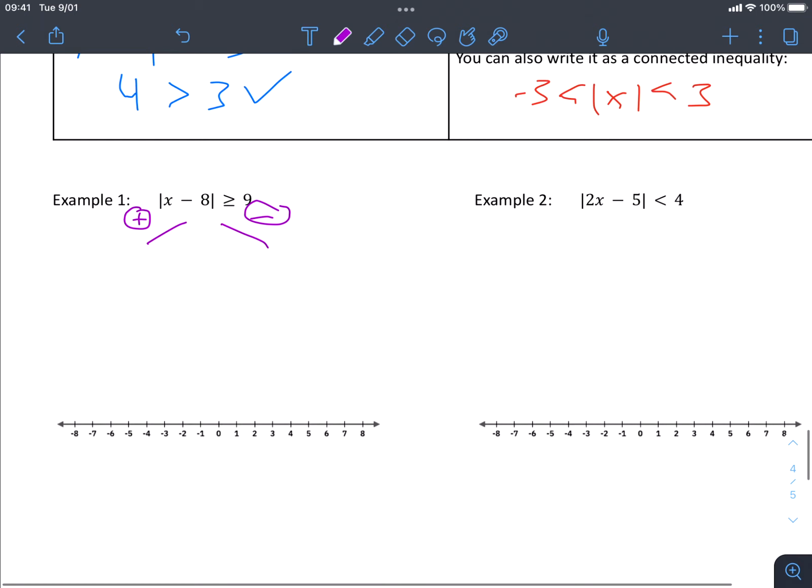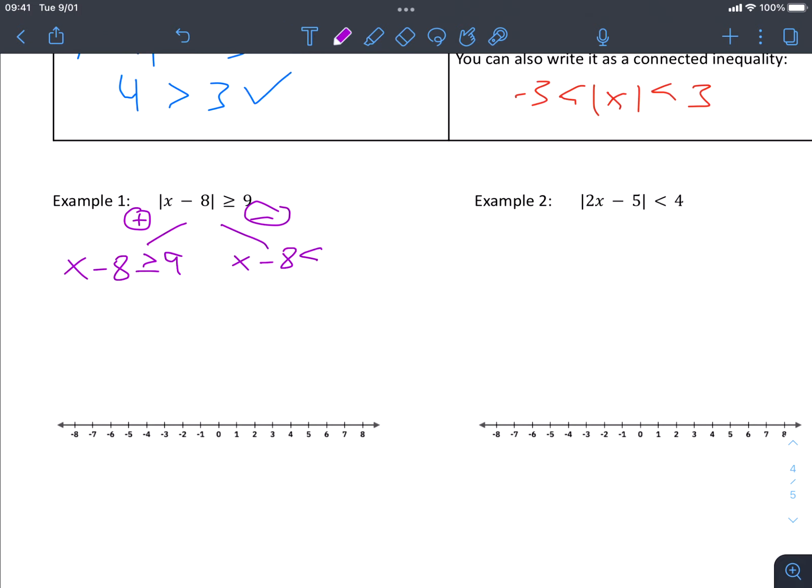So now I have x minus 8 is greater than or equal to 9, and x minus 8 is now less than or equal to negative 9. We are going to make it negative and flip the inequality.